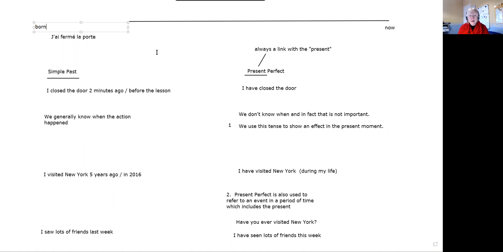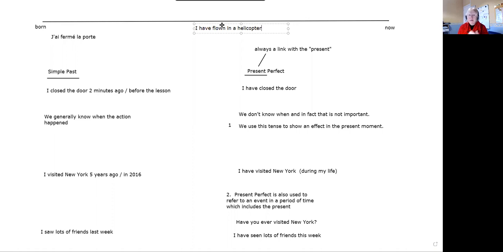Okay. And during this timeline, you have done many things. If I ask, or if you tell me, for example, I have flown in a helicopter. Just take an example, helicopter. I have flown in a helicopter.